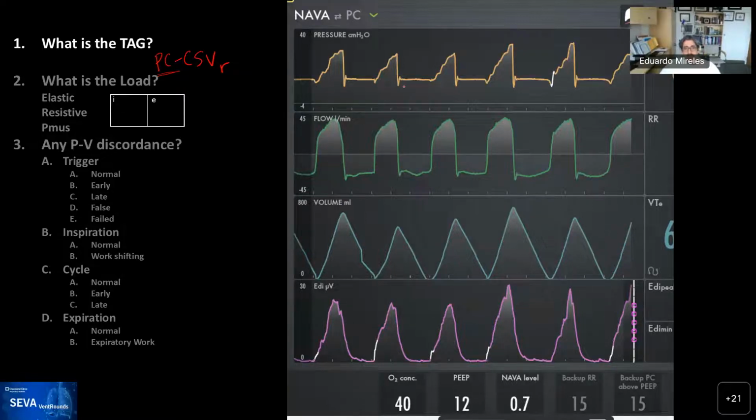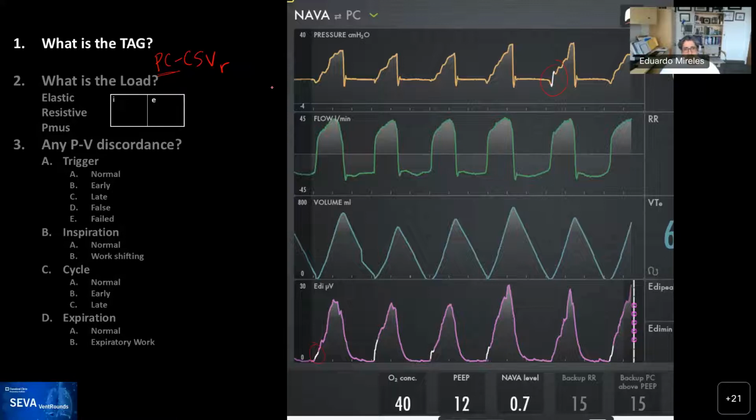You can see all these breaths, and until you get to this one, you see the changing color. You see the white breath being triggered there by a changing color. And on the bottom of the screen, you see this pink waveform, and the pink waveform has those white lines in it.